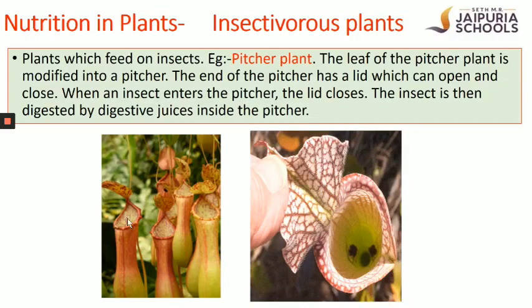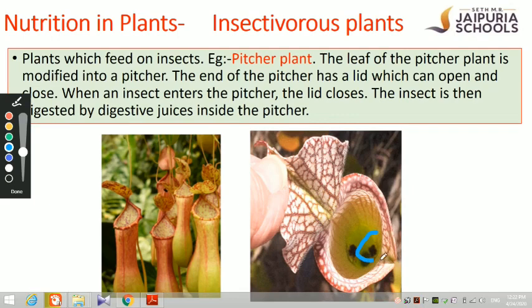Now you can see the picture here. The lid of the pitcher plant is normally open. If an insect enters the pitcher, what will happen? The lid will get closed and the insect will be trapped inside.